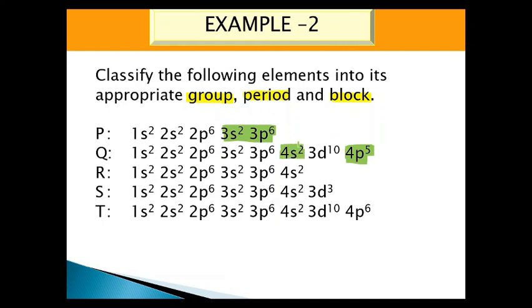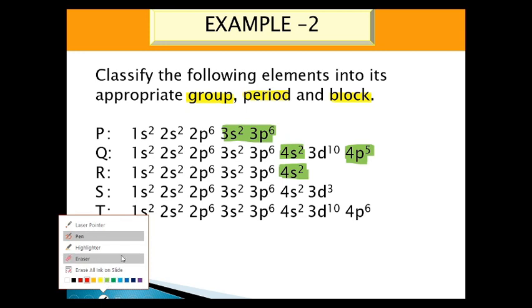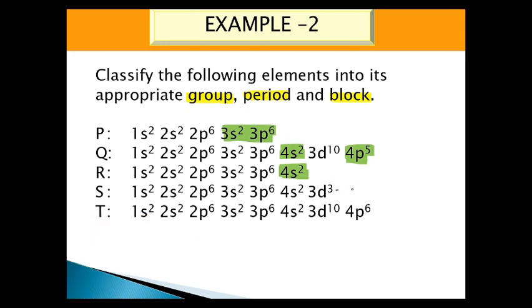These two have the highest n, so they are the valence orbitals. For R, that would be 4s2. For S, look, we have a d orbital.